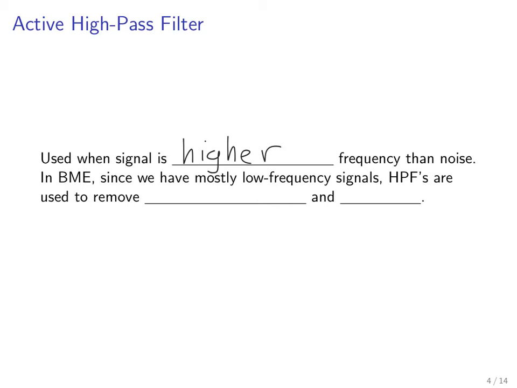In biomedical engineering, since we have mostly low-frequency signals that we're trying to measure off the body, high-pass filters are going to be mostly used to remove very low frequencies, such as DC offsets that we might have on our signals, and drift, that is, slow variations in the signal that vary on the order of seconds or minutes, orders of magnitude slower than the physiological signal that we're trying to measure. So these can be things like changes in the signal due to changes in temperature of the transducer and things like that.